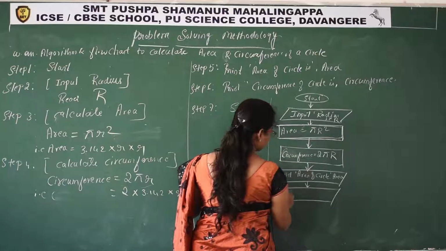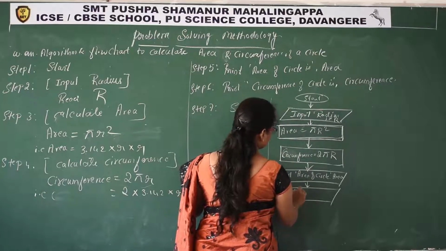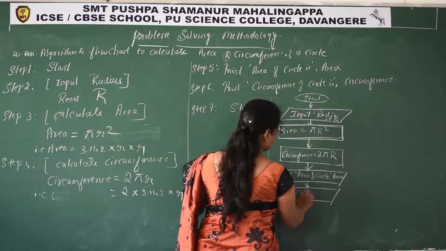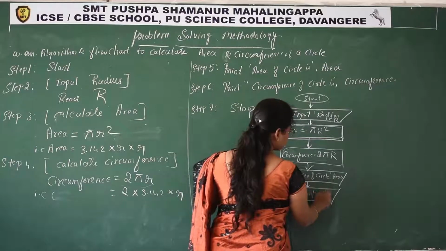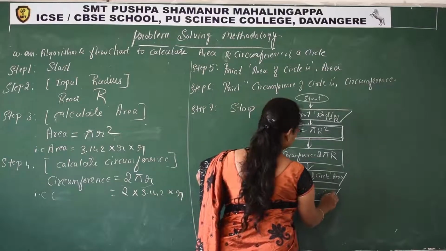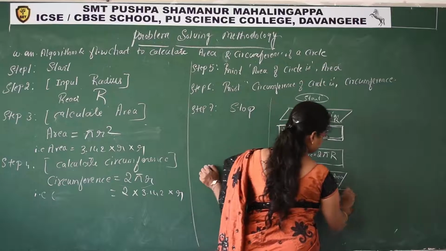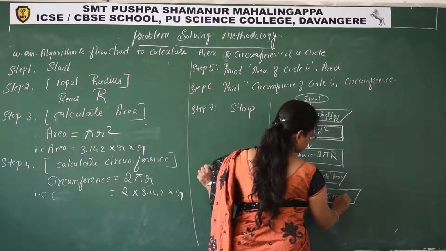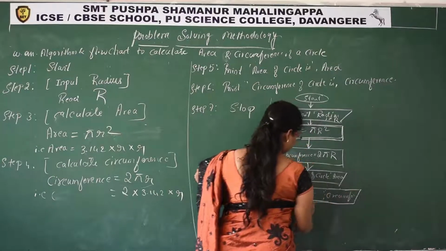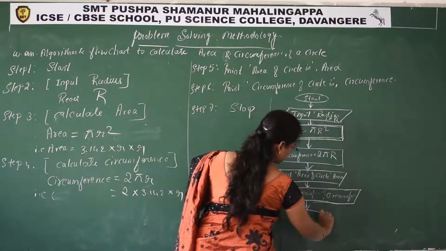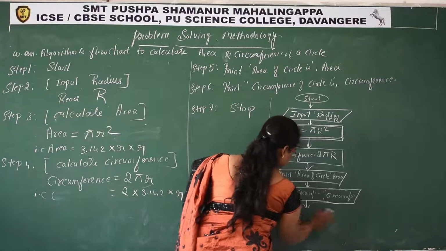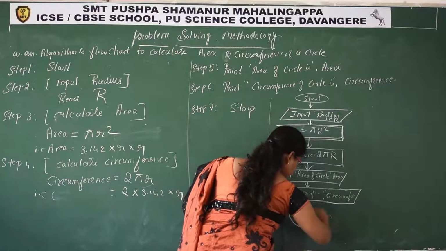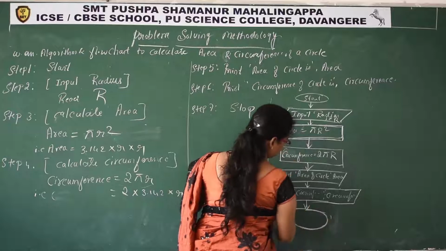Print circumference of circle, that is circumference. Stop. It should be oval.